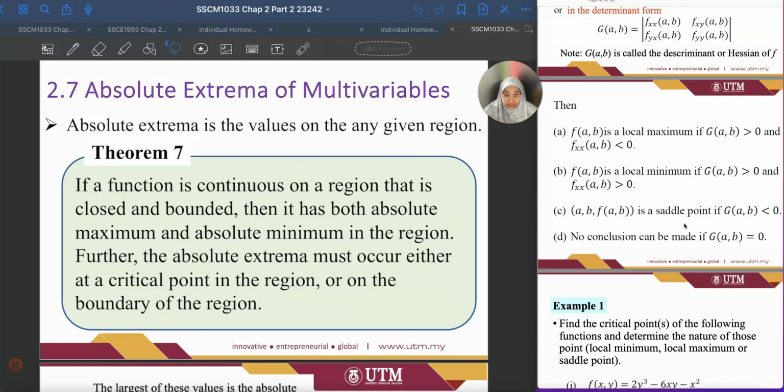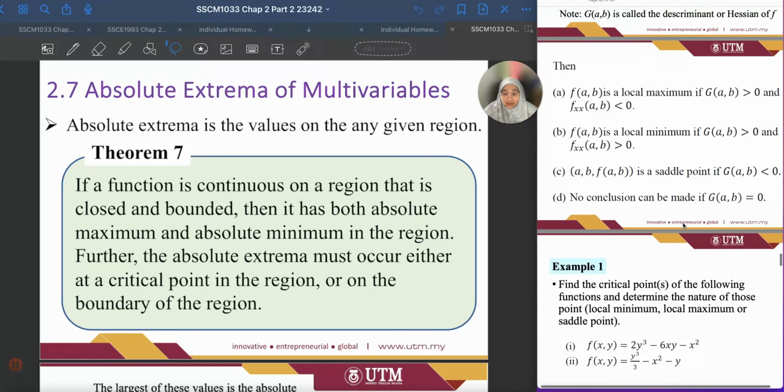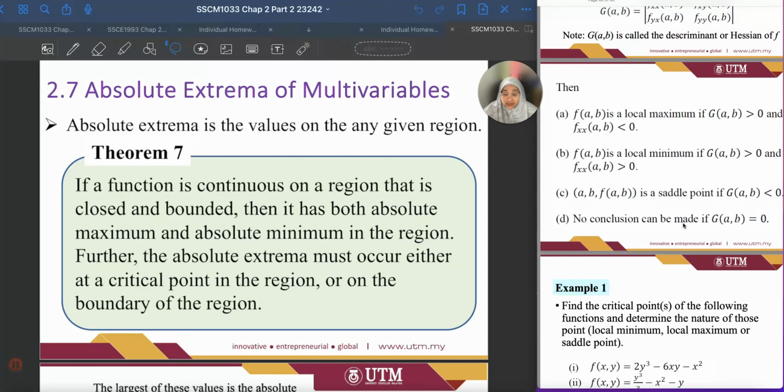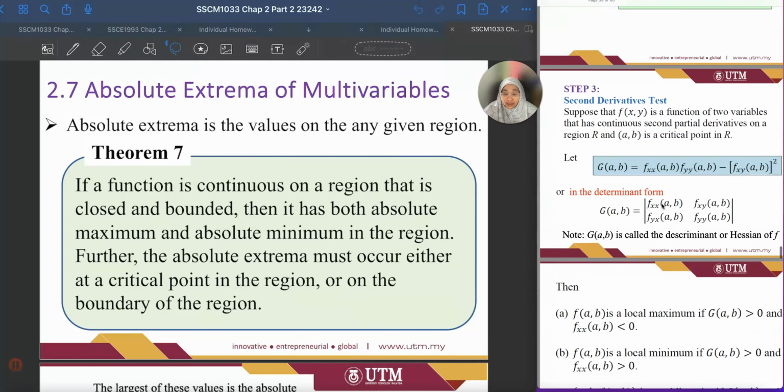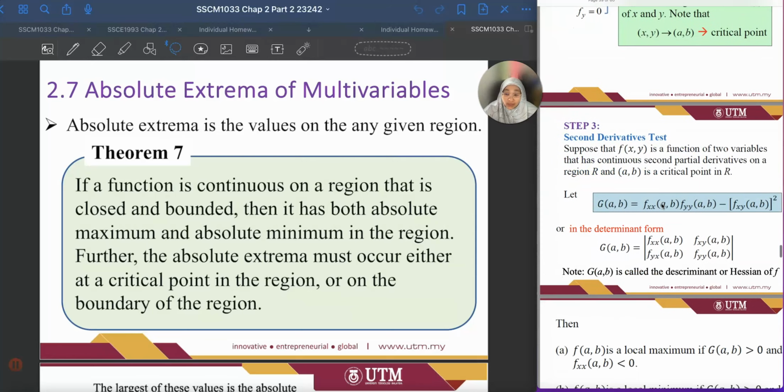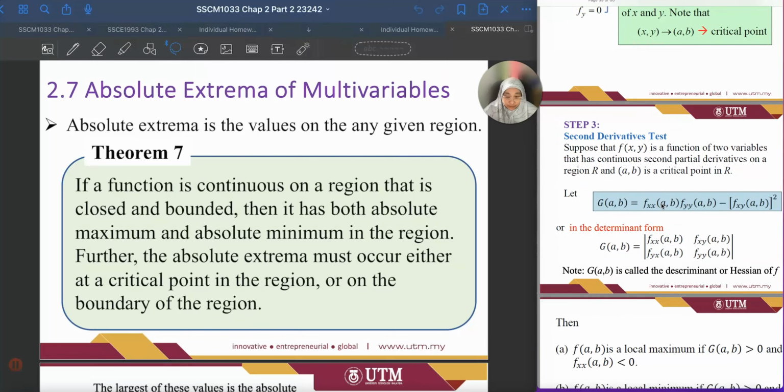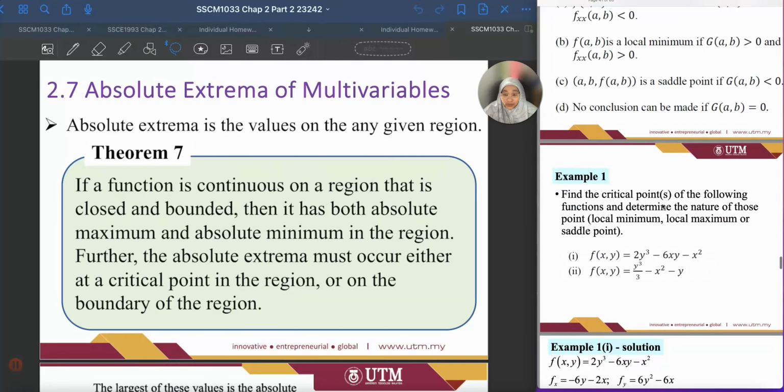We don't give a specific region, so this is just like an unbounded region. If you look at the example that we have seen in the video, we don't put a specific region for the local extrema. Now we want to extend the knowledge of finding the critical point to find the absolute extrema.